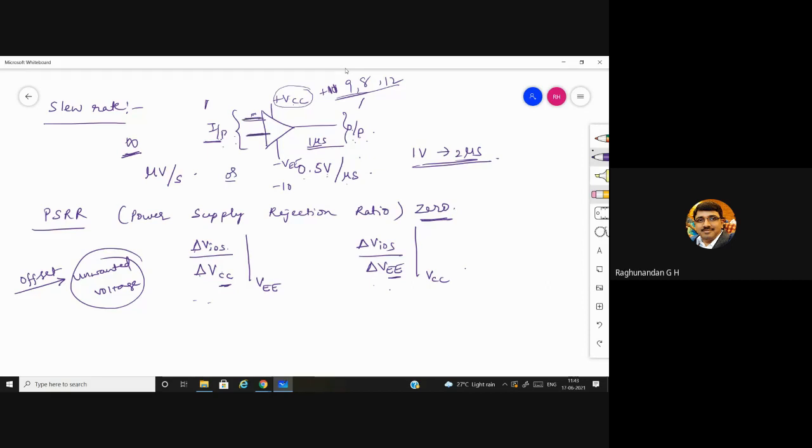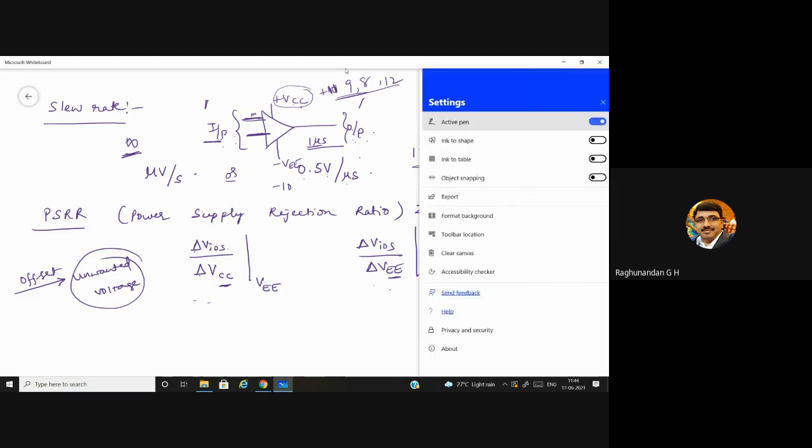But practically, it will not be 0. It will be around 30 microvolt per volt. If 1 volt is going to change either in plus VCC or minus VEE, 30 microvolt will change at the input level. So that's what about the power supply rejection ratio.